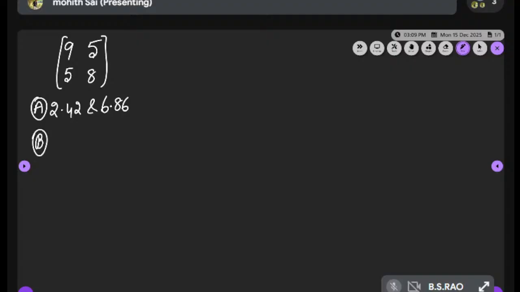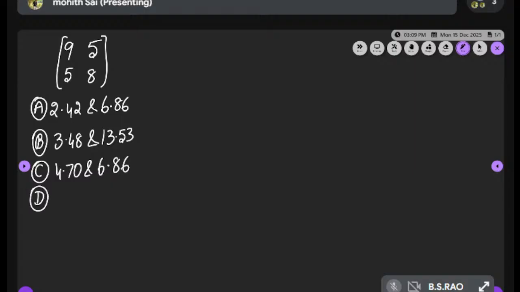Option B, 3.48 and 13.53. Option C, 4.70 and 6.86. Option D, 6.86 and 9.50.